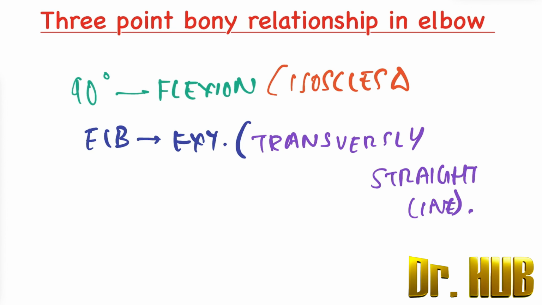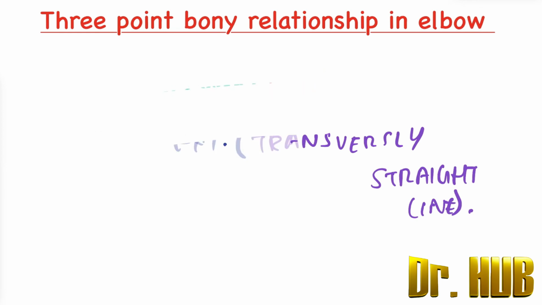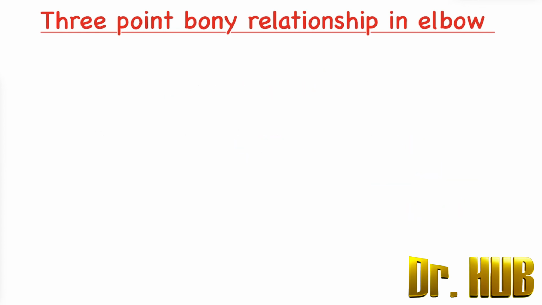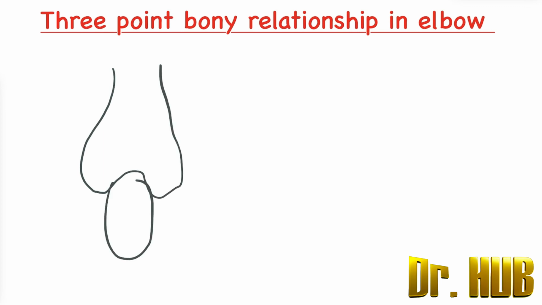Next, the 3-point relationship is maintained. So let's have a rough diagram. This is the elbow in 90 degrees of flexion.